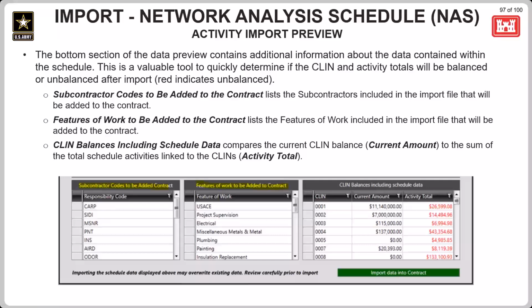Keep in mind that if there is nothing showing in either of these two boxes, then that means that everything in the schedule import either matches what is already in RMS and nothing new is being added again, or the schedule import has neither the responsibility codes nor the feature IDs linked. These two boxes are only going to show items if something new was added.